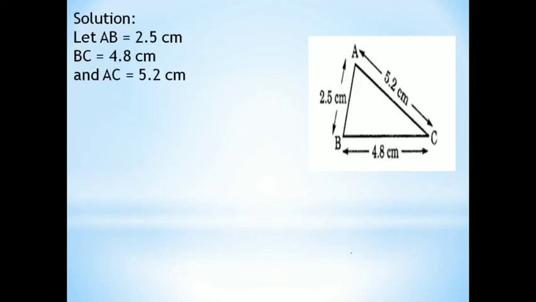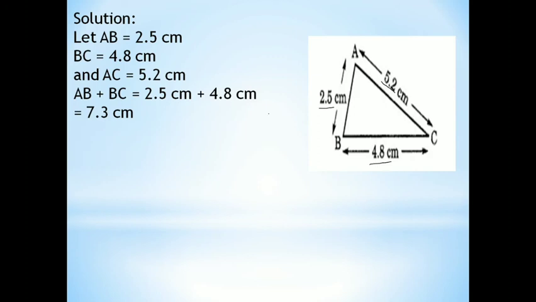Let AB be equal to 2.5 centimeter, BC equal to 4.8 centimeter and AC equal to 5.2 centimeter. Now I will add AB and BC. 2.5 plus 4.8 is equal to 7.3 centimeter.